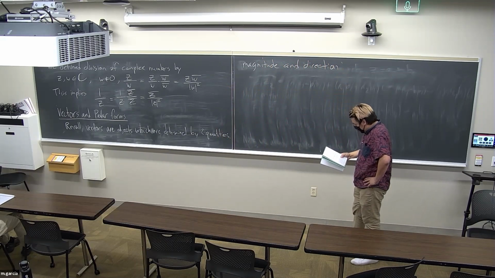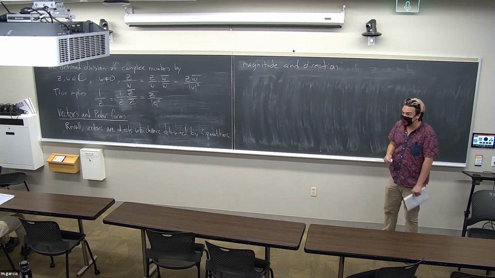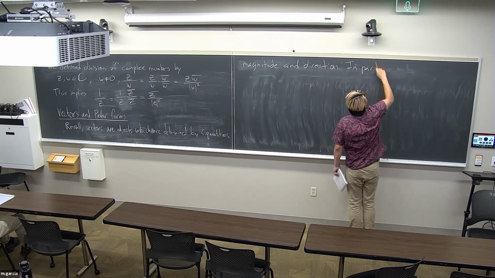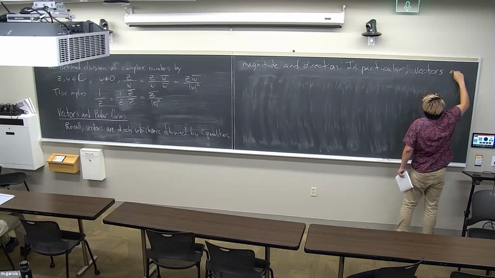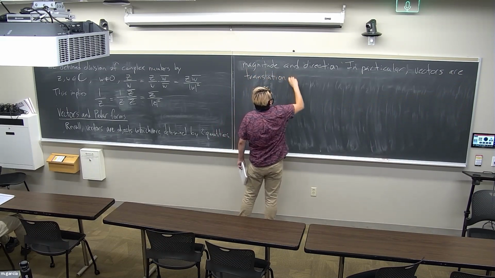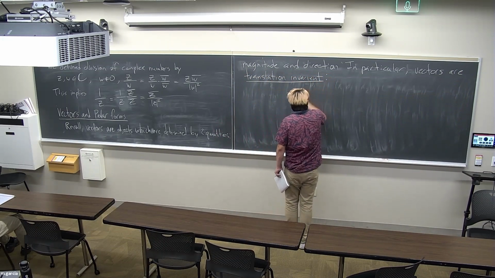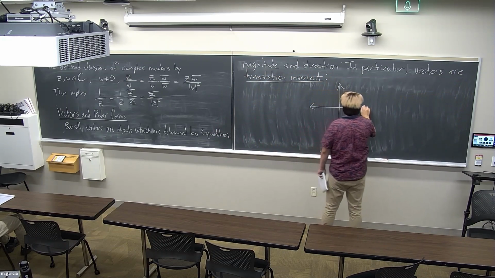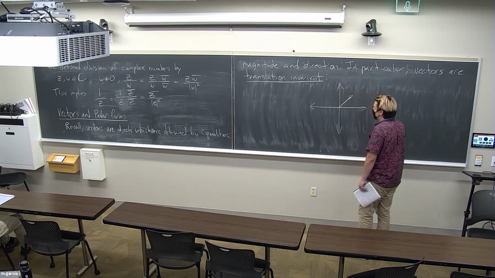Okay. So, in particular, what this means is that vectors are translation invariant. What do I mean by this? Well, let me draw you a picture. Here's a vector in the complex plane.